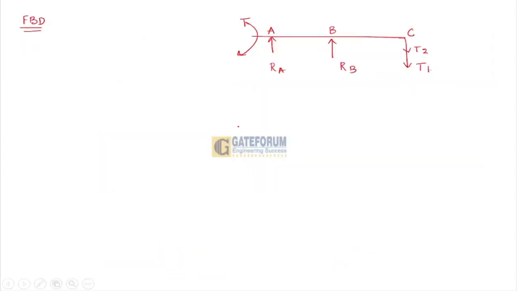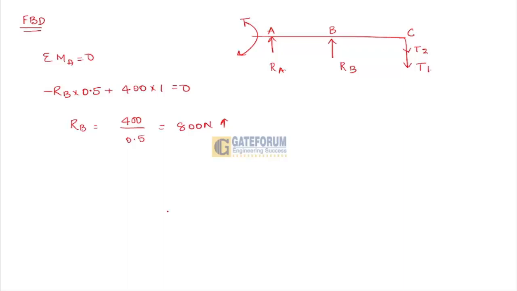Now, moment about A is equal to 0: minus RB into 0.5 plus 400 into 1 is equal to 0. RB is equal to 400 by 0.5, which will be equal to 800 Newton. Positive, right? Summation Fy is equal to 0, so RA will be the difference of upward and downward, which is 400 Newton.